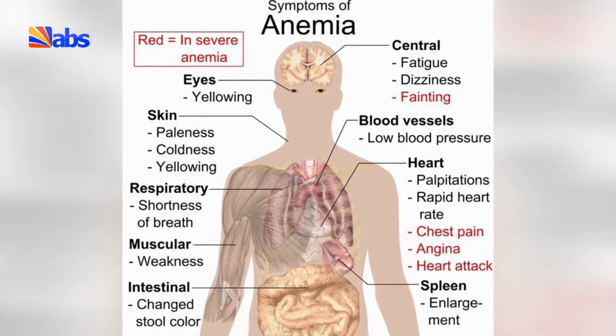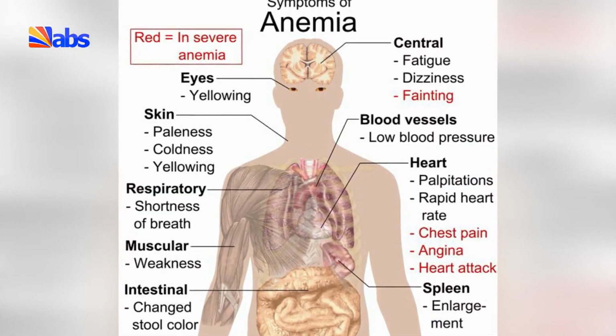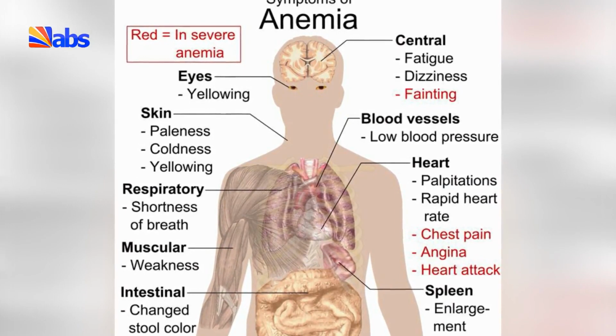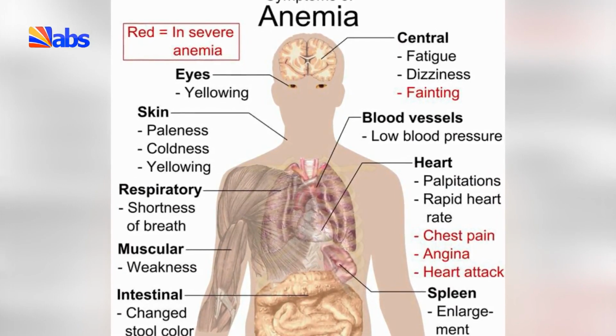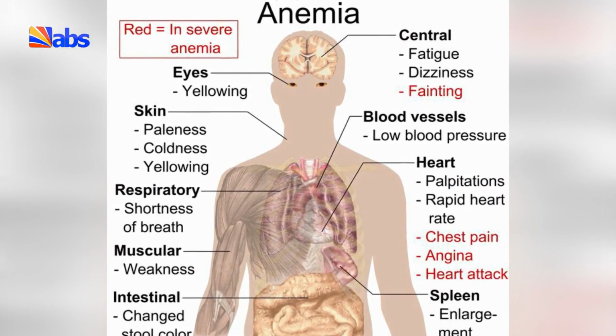I see them with complications like what we call sequestration crisis. You see the person, the blood will be pooling in the spleen or the liver. Even if you transfuse the person, the whole thing will drain into the liver or the spleen. The patient is so in pain, so sick. So I see them in what we call aplastic crisis. This time around, the bone marrow is shut down.